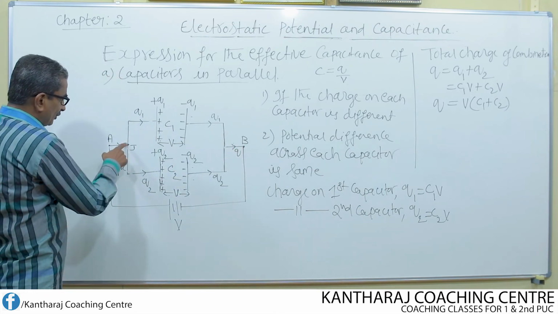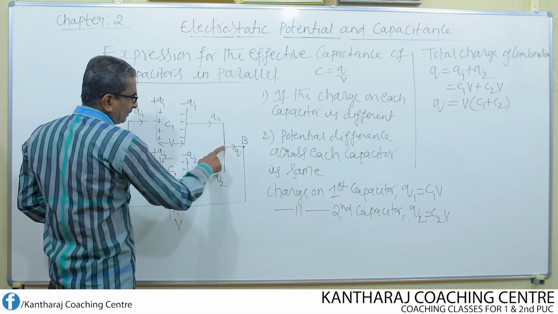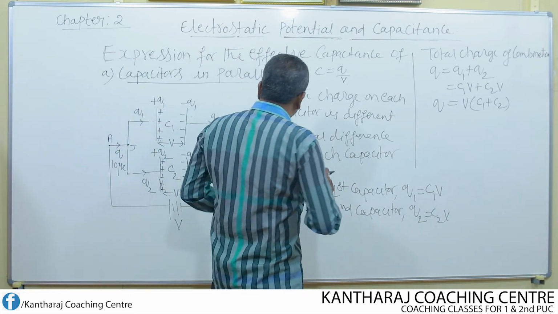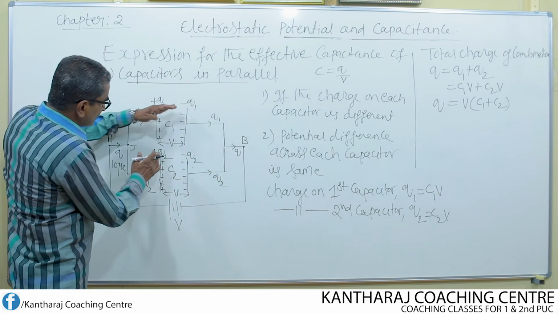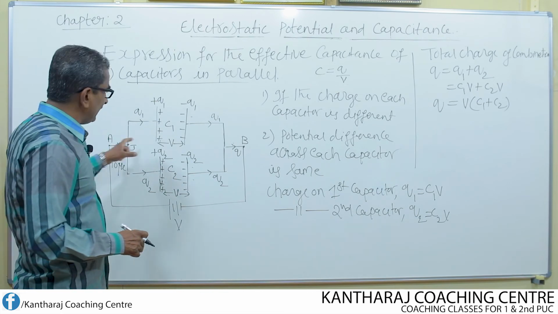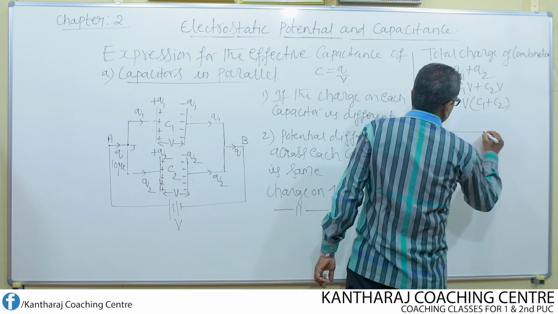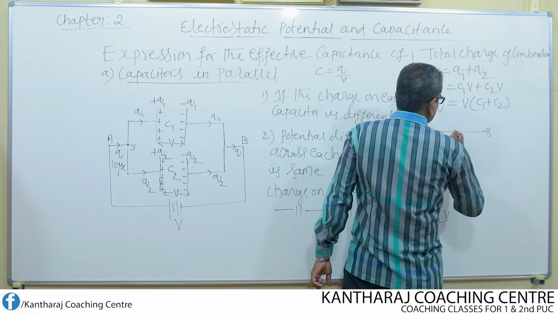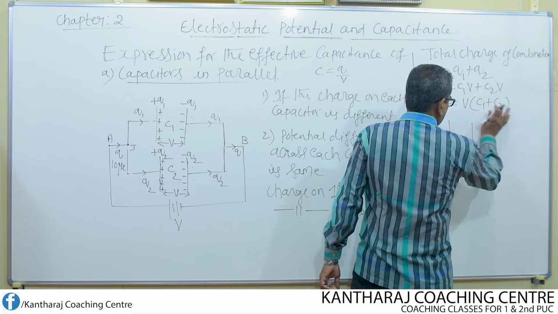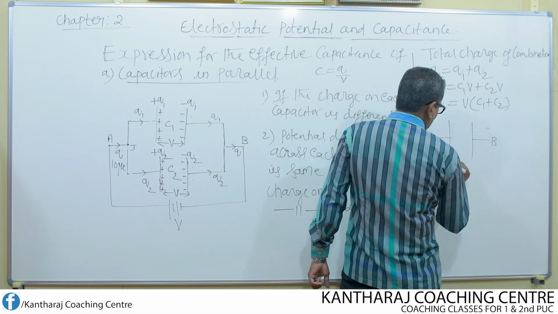So, Q enters and splits into Q1 and Q2. Once again, Q1 and Q2 combine together to produce the main charge Q. Now assume that instead of connecting two capacitors in parallel between A and B, I connect only one capacitor.